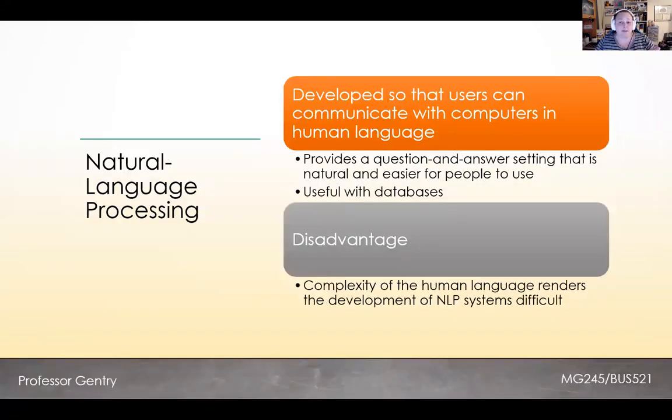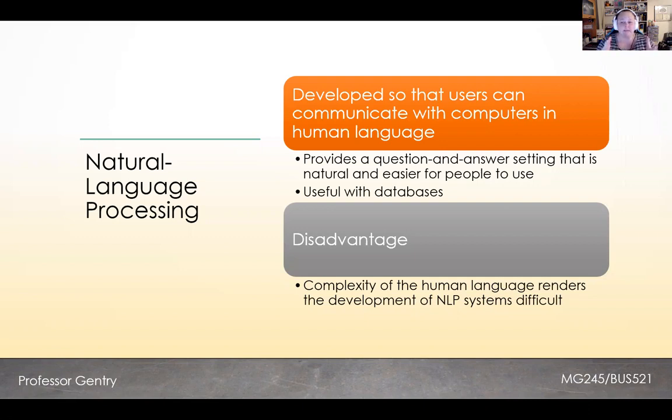We talked a little bit about natural language processing back in module 2. Natural language processing was developed so that users can communicate with computers in a language more closely resembling human language. Okay, natural language can be quite useful, especially when you're talking about databases.